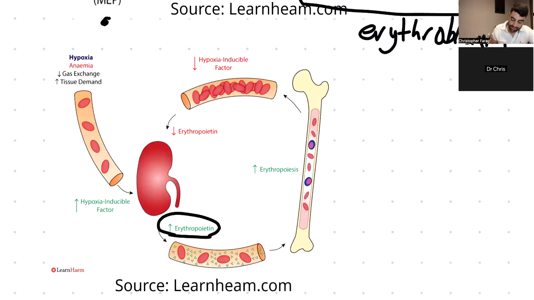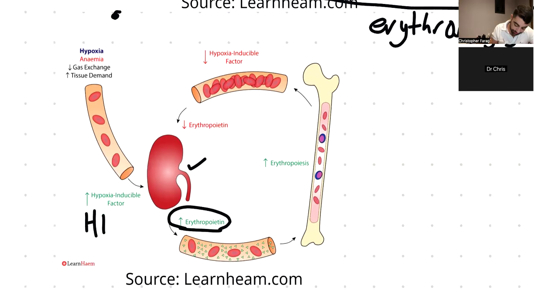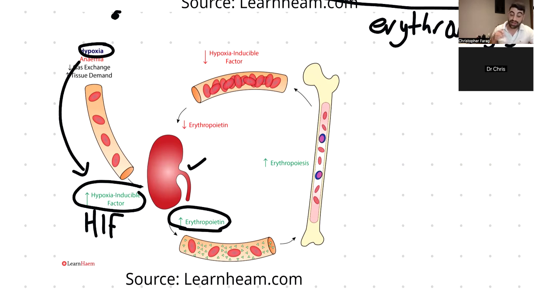If your kidney detects that it's low in oxygen, that it is suffering hypoxia, it releases hypoxia-inducible factor, HIF, from the interstitial cells of the kidneys, which release erythropoietin. There's a minor release of erythropoietin from the liver as well, but by far the majority is from the kidney.